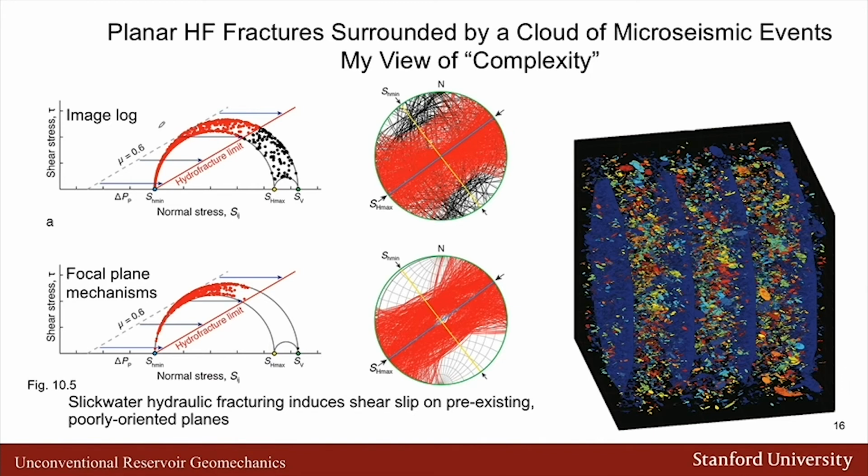The orientation of the planes that slip from the focal mechanisms of these microseismic events is basically exactly what one would have predicted from just looking at the images in an image log that was collected before the stimulation process. So my view of complexity is illustrated here. Planar hydraulic fractures surrounded by a cloud of slipping pre-existing faults.